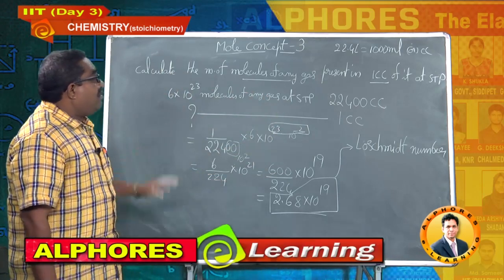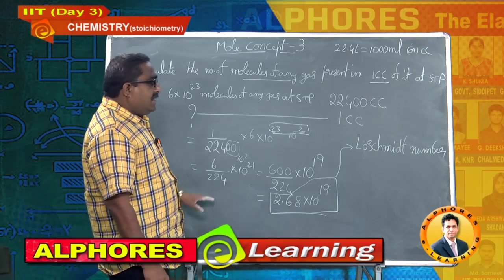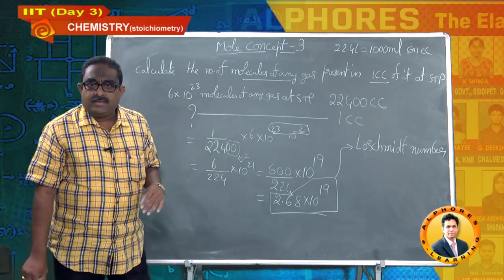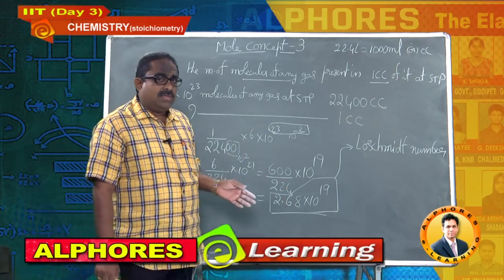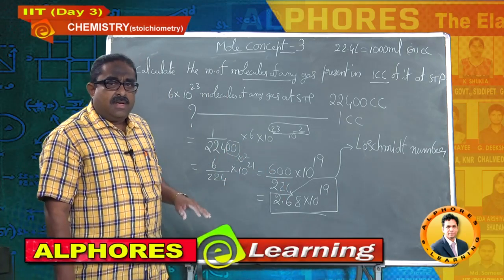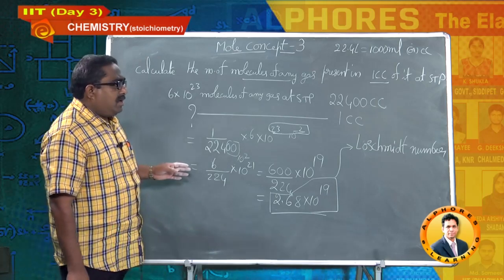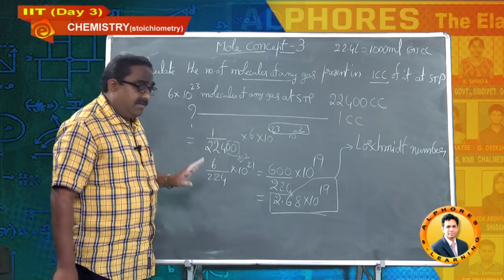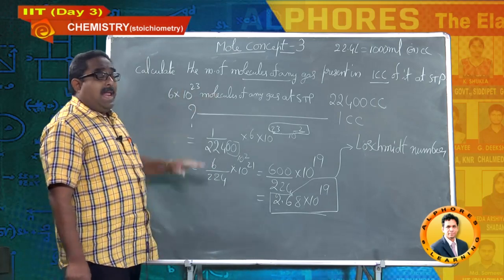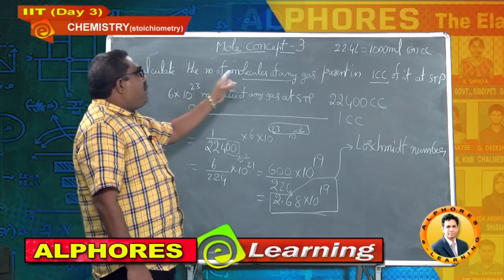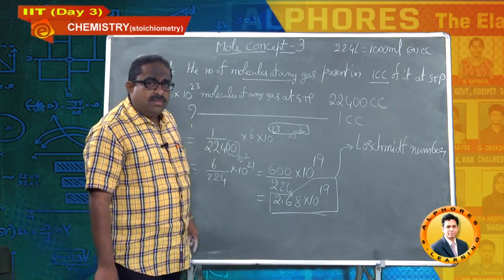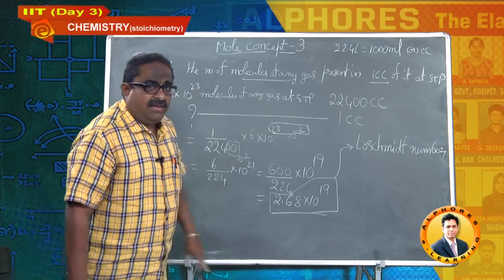And one more thing, students. GAW, gram atomic weight, GMW, gram molecular weight, and mole concept are applicable for solids, liquids and gases, but particularly the gram molar volume concept is applicable to only gases.